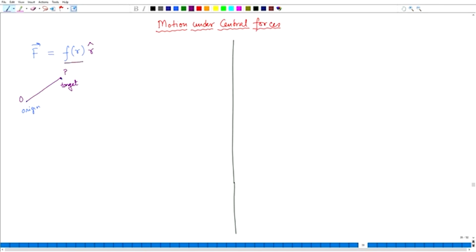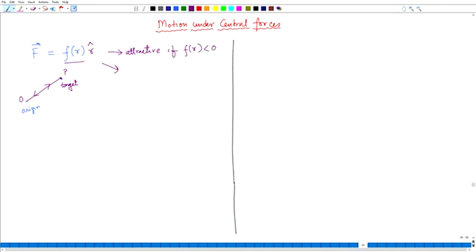This f r can be positive or negative according as the force is acting in this direction or in this direction. If f r is negative, that means f is acting towards the negative r cap direction. So, P is getting attracted towards O, and that is why I would say the force is attractive if f r is less than 0.